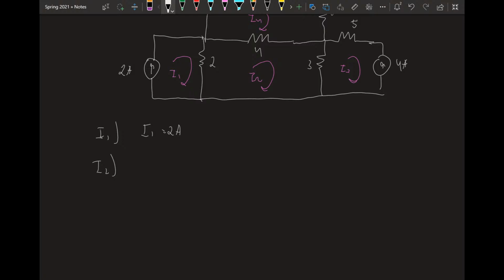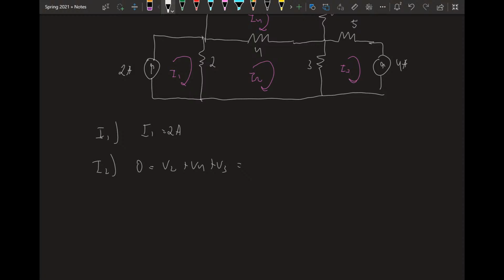Okay, I2. For I2 you have to do some actual work. So let's start here and go up here. So 0 equals the voltage across the 2 resistor, plus the voltage across the 4 resistor, plus the voltage across the 3 resistor, because I call voltage drops positive, and every resistor drops voltage always, right?